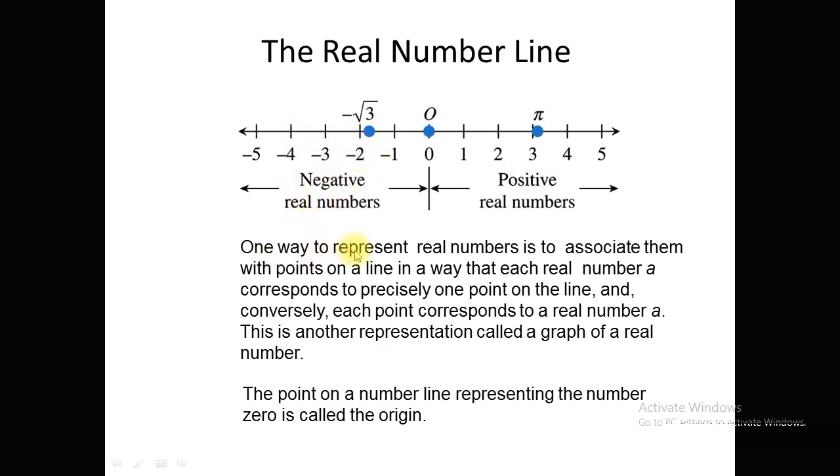This is one way to represent real numbers, to associate them with points on a line in a way that each real number a corresponds to precisely one point on the line, and conversely each point corresponds to a real number a. This is another representation called the graph of the real number line. The point on the real number line representing the number 0 is called the origin.